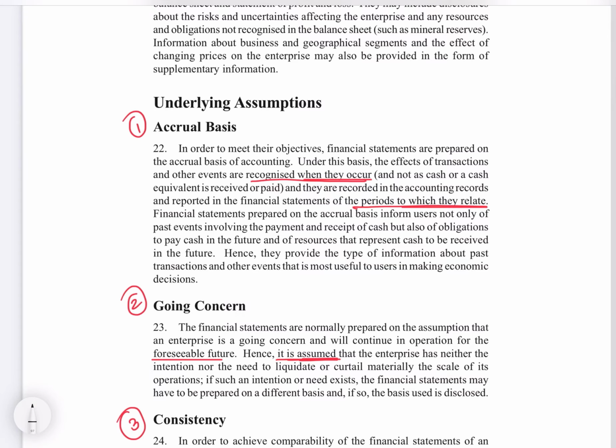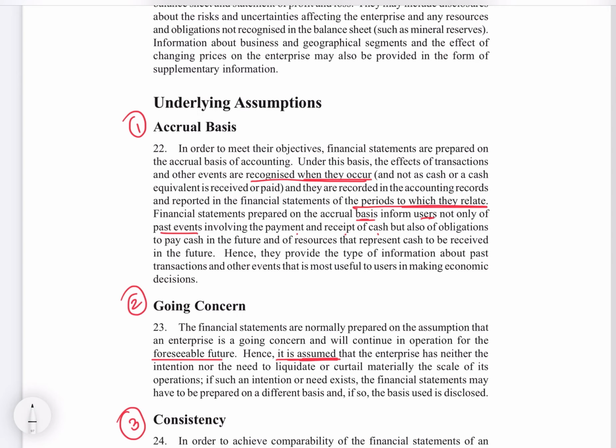Okay. So financial statements prepared on accrual basis inform users not only of past events involving the payment and receipt of cash, but also of obligations to pay cash in the future, and of resources that represent cash to be received in the future. So the accrual basis of accounting gives you a clear picture of whatever is received or receivable of that related period.